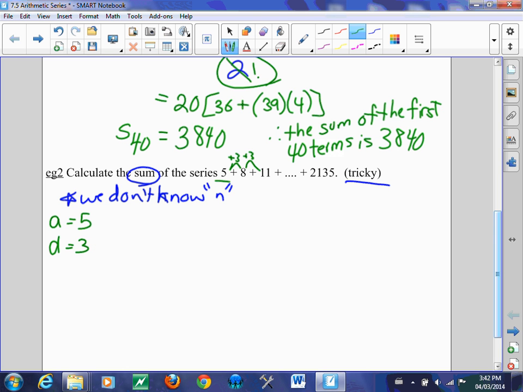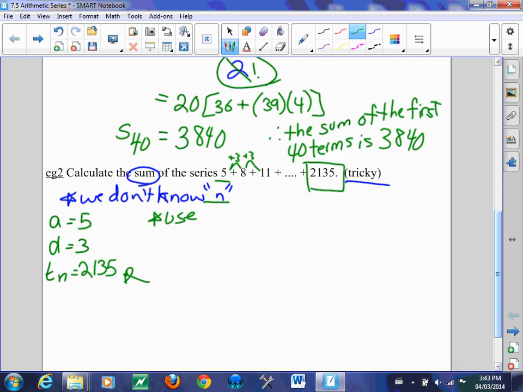Okay, and what else do we know? Let's take a look at this. That's the last term. We know T at n equals 2,135. So in this case, we don't know n, but if we know T at n, we can use the arithmetic sequence formula in order to find n, and then apply it to the series.